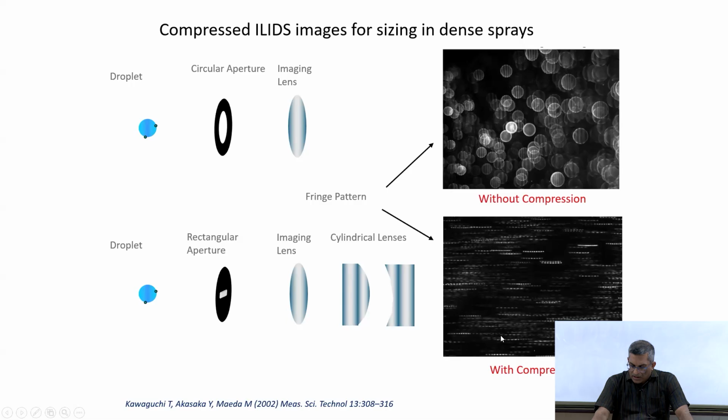So this is how we get planar measurement of particle size. This means that now I can identify individual fringe patterns and I know the particle size. So at any instant of time, I can measure particle size in one plane. That is the main advantage here.